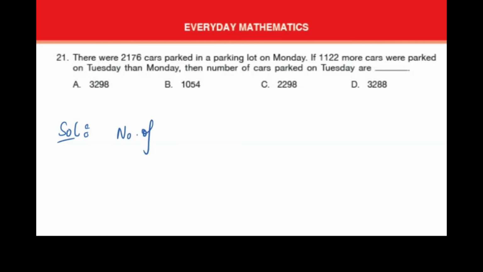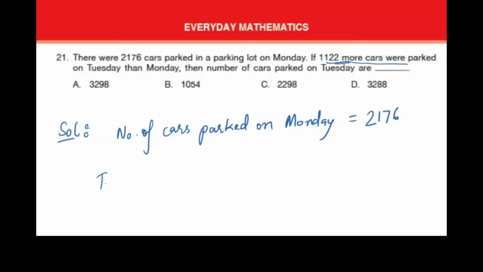Number of cars parked on Monday is 2,176. If 1,122 more cars were parked on Tuesday than Monday, that means on Tuesday there are 1,122 more cars parked than Monday.